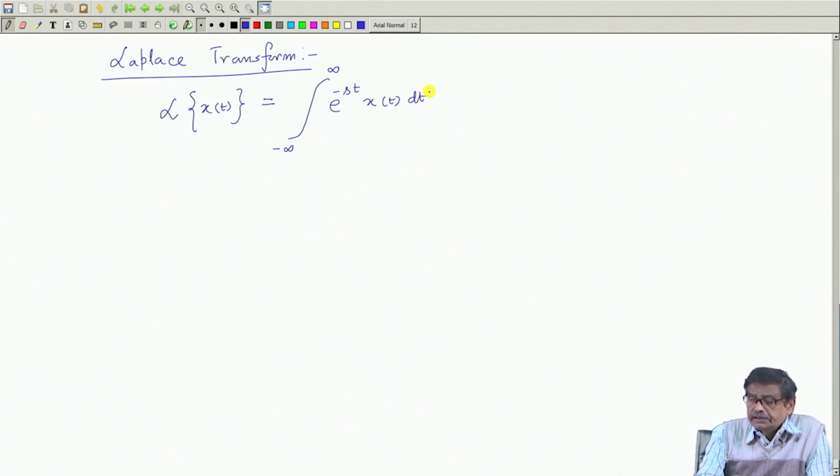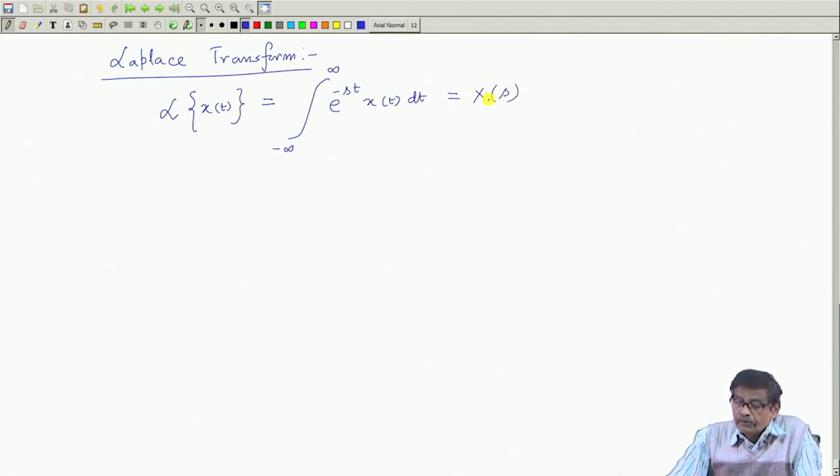In general, this is the definition of Laplace transform, and if you carry out this integration with respect to time, the right hand side will be a function of s only. So, that is written as X(s).